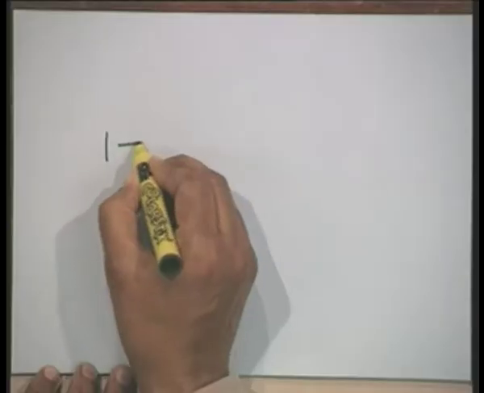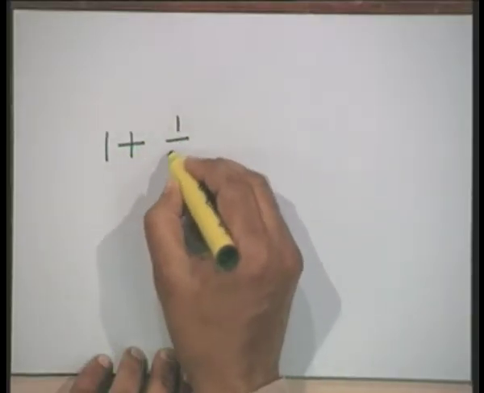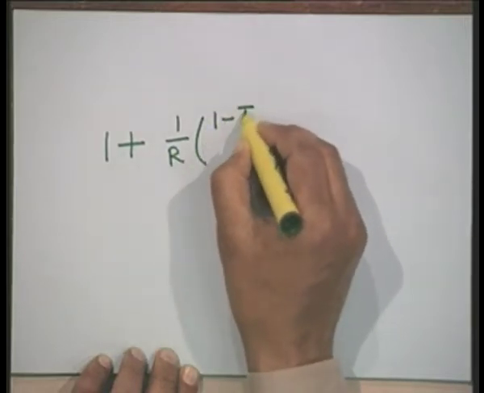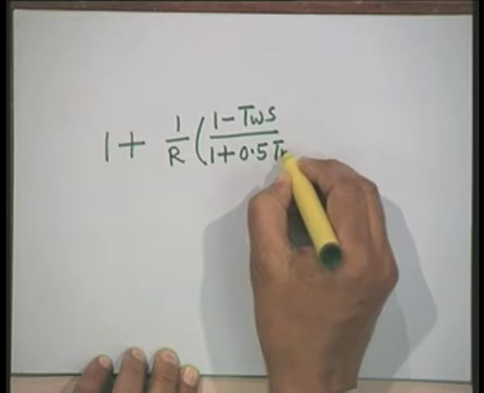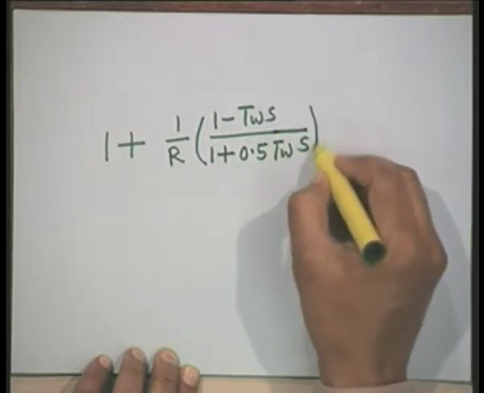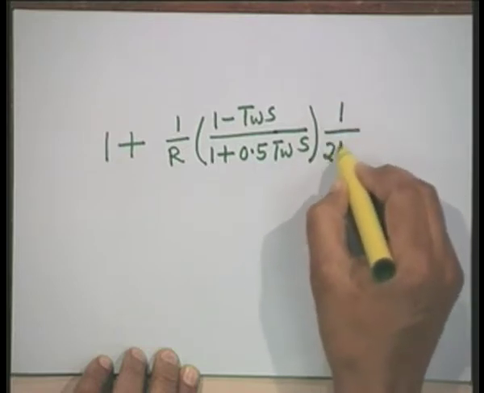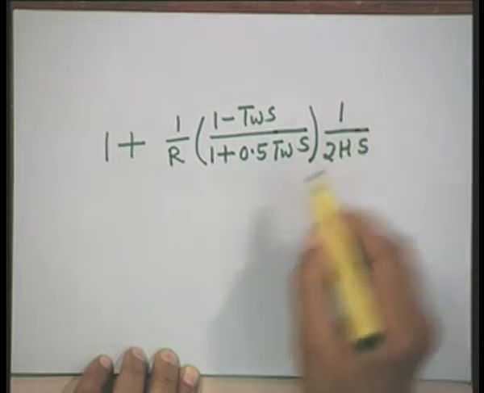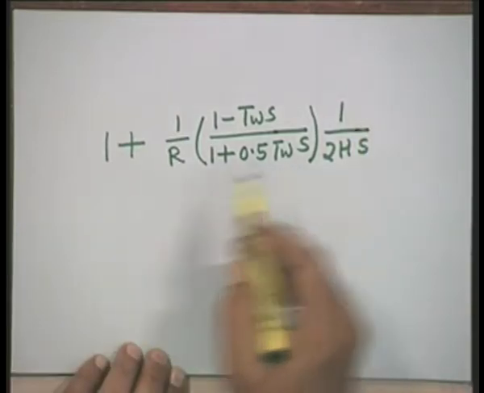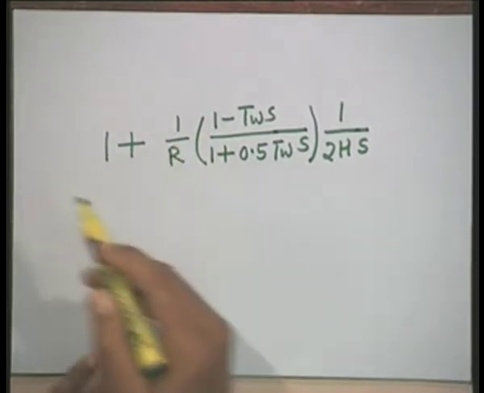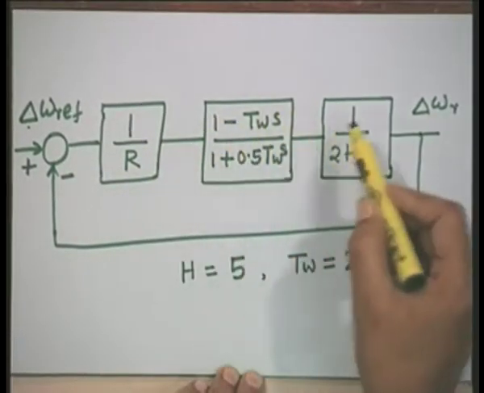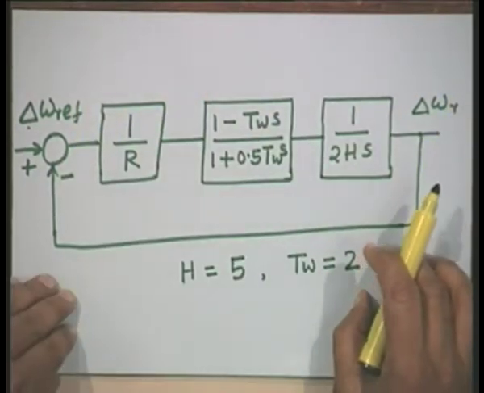The characteristic equation can be written as 1 plus 1 by R, times (1 minus T_W S) over (1 plus 0.5 T_W S), into 1 upon 2 H S. Here, this is the forward loop transfer function, 1 by R into this transfer function into this, and the feedback is unity feedback.